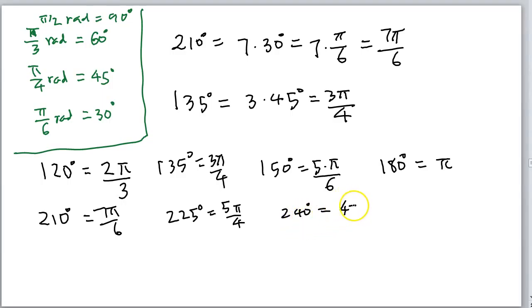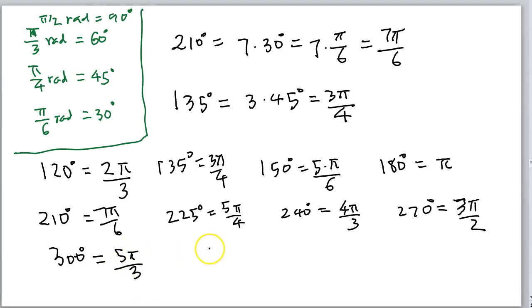So it's 4 times pi over 3. 270 degrees is 3 times 90 degrees, which is 3 pi over 2. 300 degrees is 5 times 60 degrees, so it's 5 pi over 3.